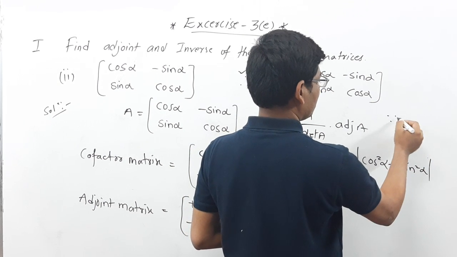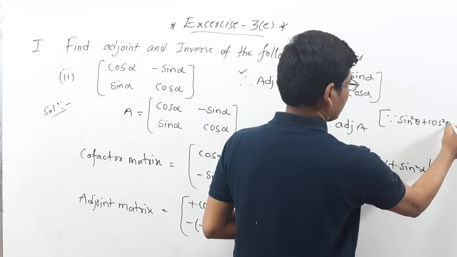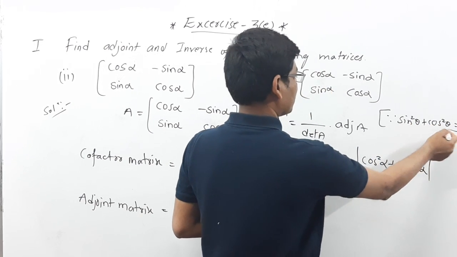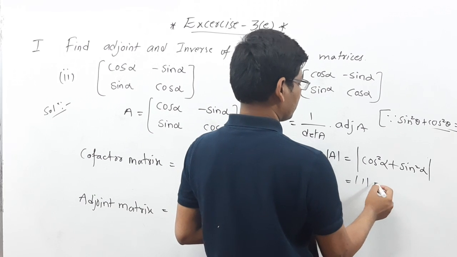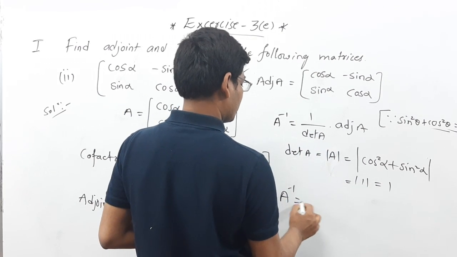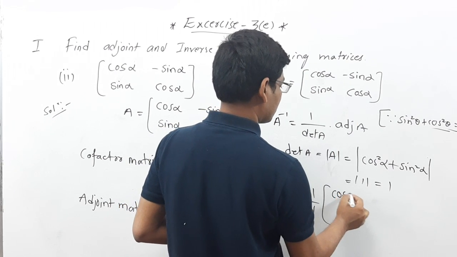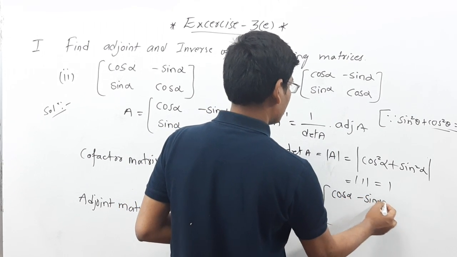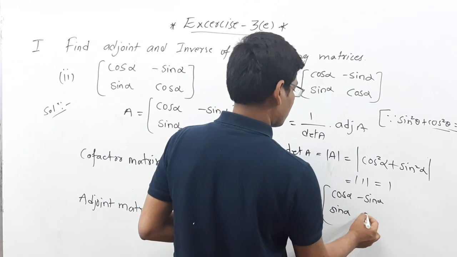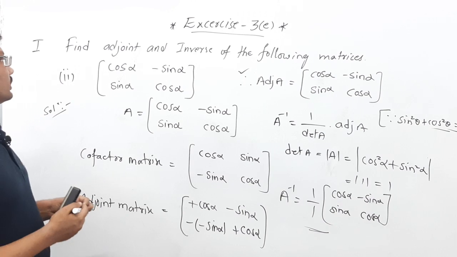It is in the form of the identity sin square theta plus cos square theta, that is equal to 1. If you substitute this identity here, the value is mod 1, equal to 1. Now A inverse will become 1 by 1 into the adjoint, cos alpha, minus sin alpha, sin alpha, cos alpha. This is the final solution for this question.